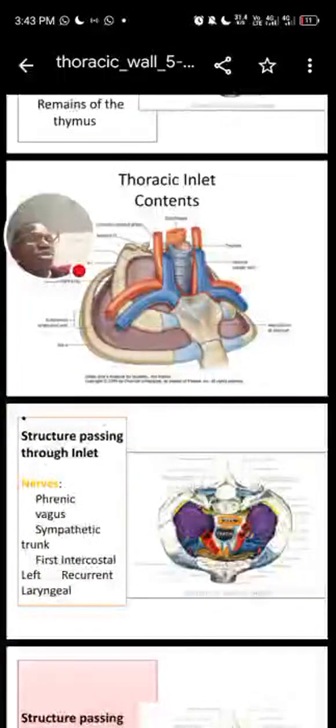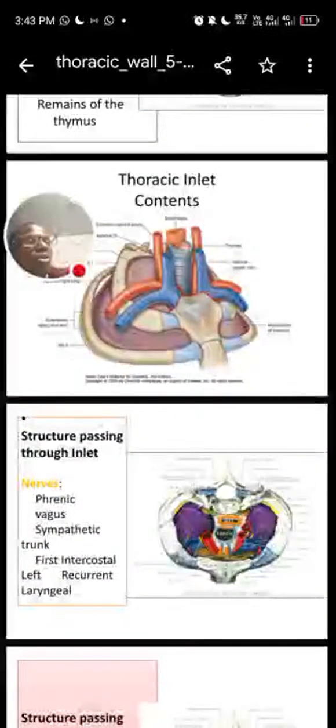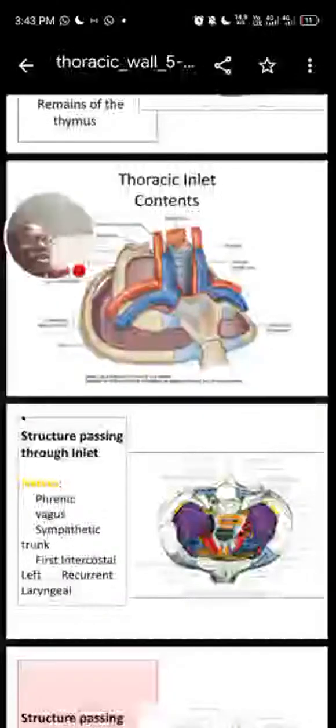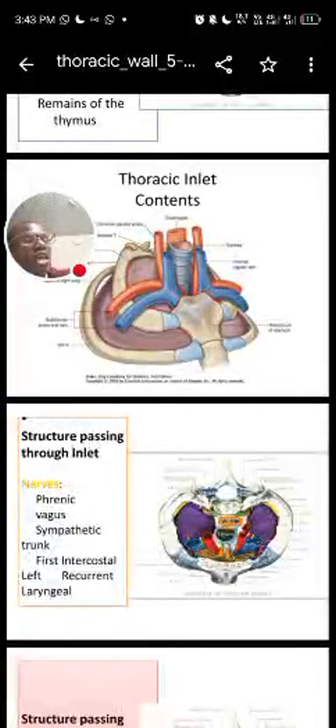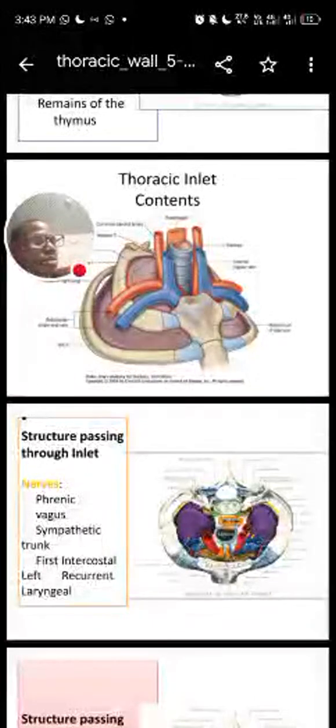Okay, rotate. Let's pick rotate. So remains of thymus, apices of the lungs. That makes sense.